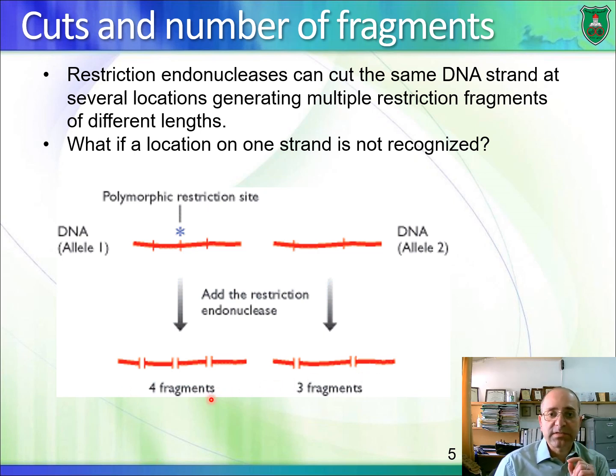But notice that the length of these fragments may differ, or they might be exactly the same. So the length of this fragment right here is exactly the same as this one right there, because you have a cut in here. The length of this fragment right here is exactly the same as the length of this fragment, because you have the cut made in here.